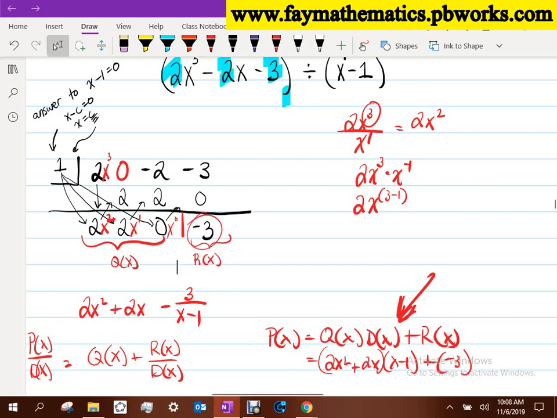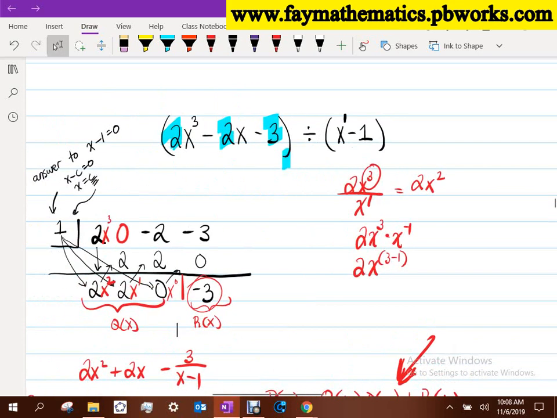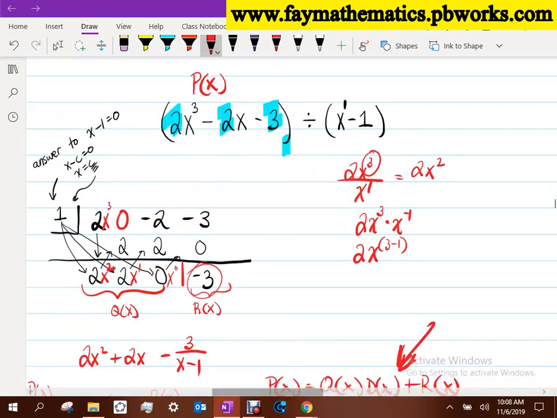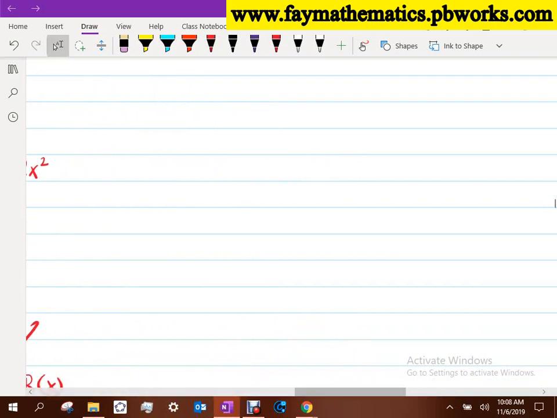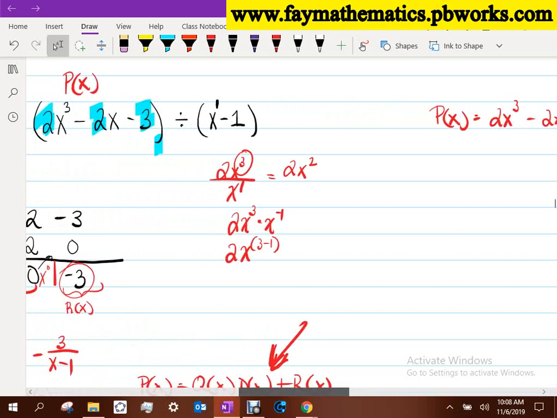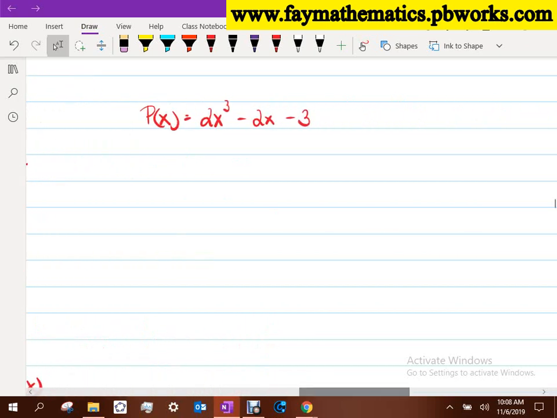If I were to ask you to take this as p of x, and I ask you to find p of 1, okay, so let me just come over here. P of x was 2x cubed minus 2x minus 3, is that right? Minus 3, okay. And I asked you to find p of 1.